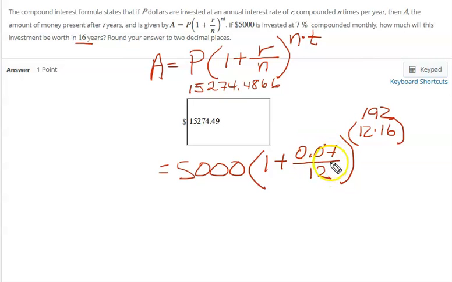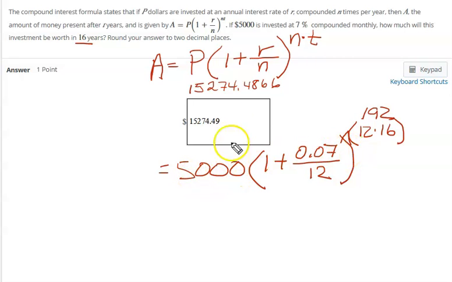That's going to give you a long decimal, but then just add 1 to it, and that'll give you a value here. Then you're going to put a caret to put the exponent in, and 12 times 16 is 192. So it'd be caret 192. Get a value, don't round off. Then multiply this value by the 5,000.